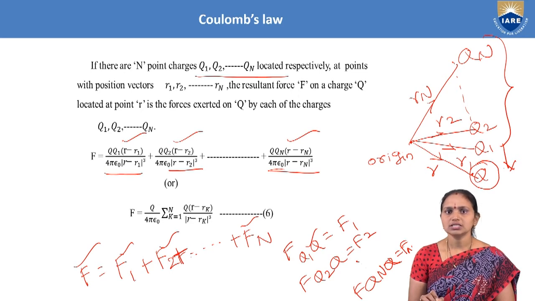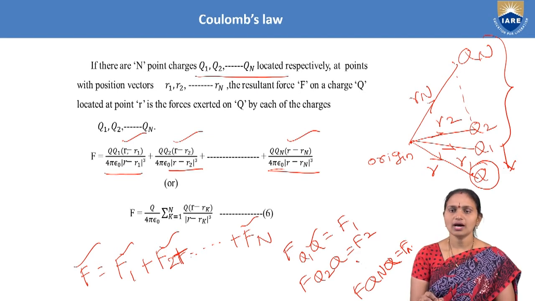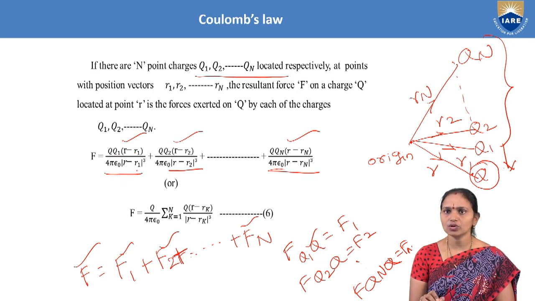Here the field point is Q with position vector R, and the source Q1 is at position vector R1. So you take R minus R1 divided by the magnitude of R minus R1 whole cube.